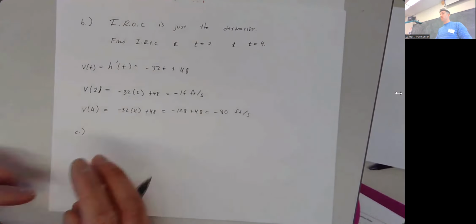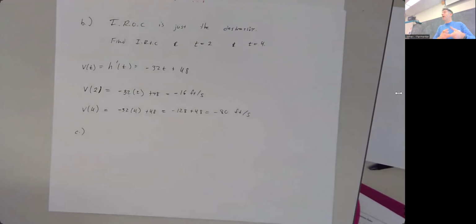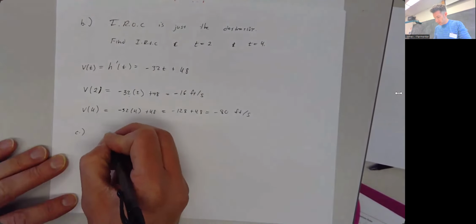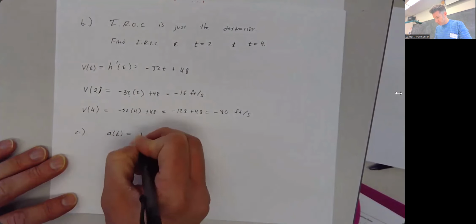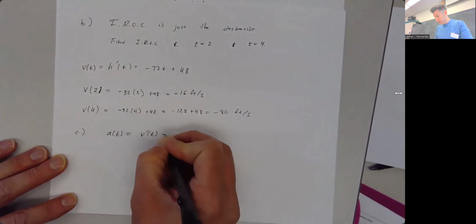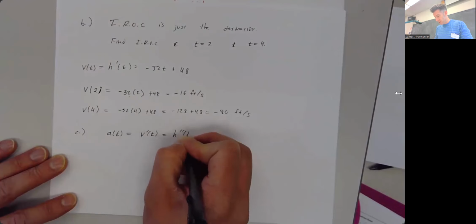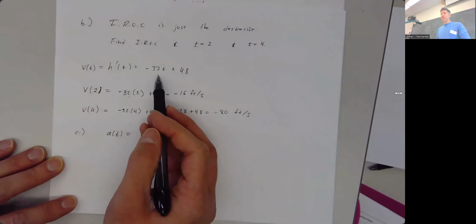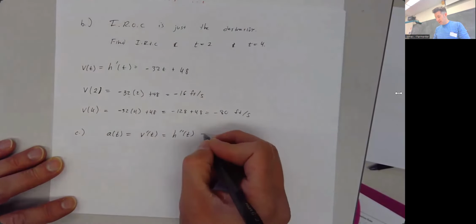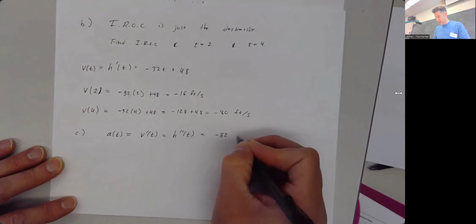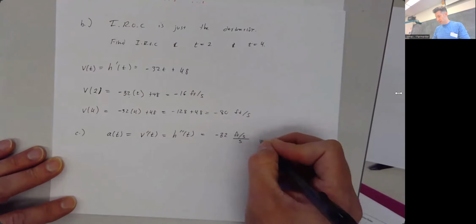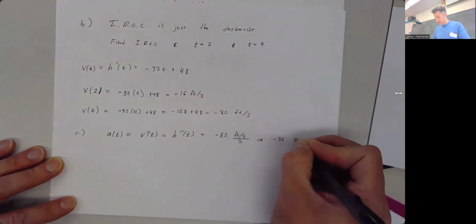If we take the derivative of velocity, or the rate of change of velocity, the acceleration, which is equal to the derivative of velocity, which is equal to the second derivative of position. If I take the derivative of negative 32t, I just get negative 32 feet per second, or people like to say feet per second squared.